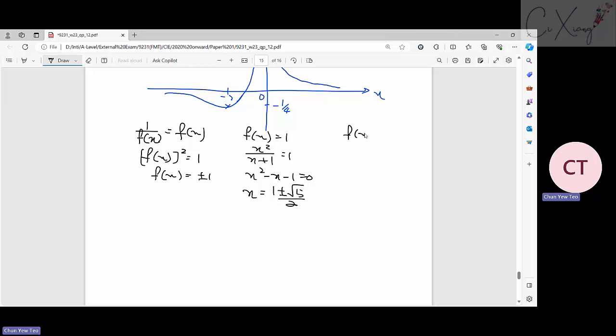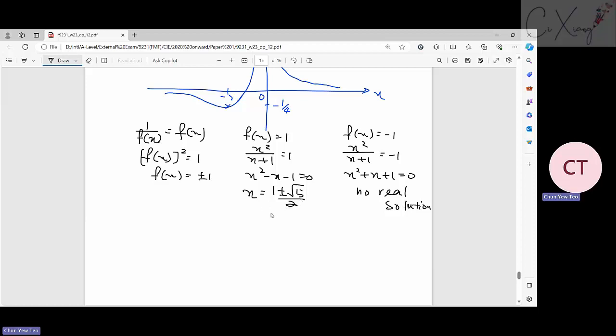Then for f(x) equal to negative 1, it will be x squared over x plus 1 equal to negative 1. Then you have x squared plus x plus 1 equal to 0. For this case, your b squared minus 4ac is negative. So this one has no real solution.